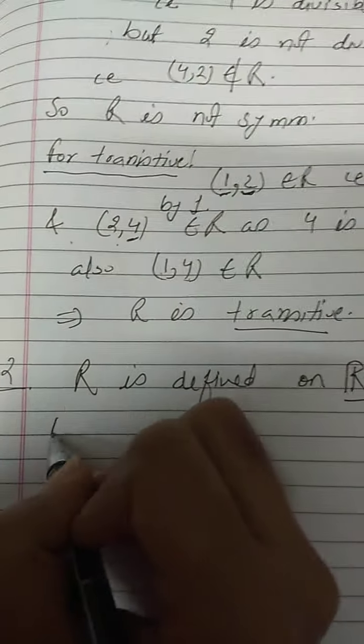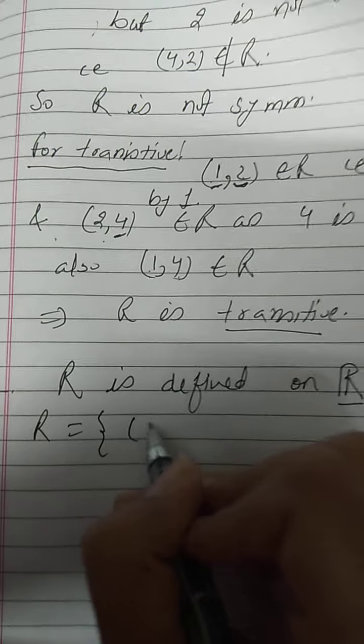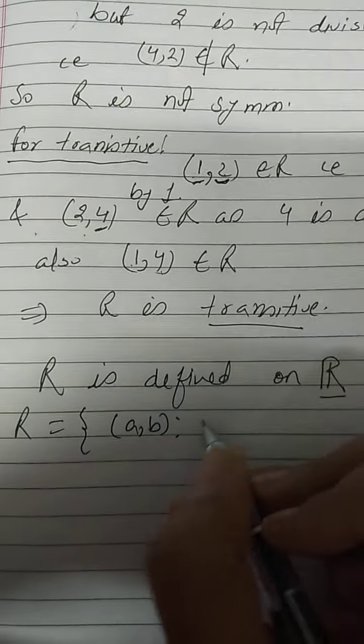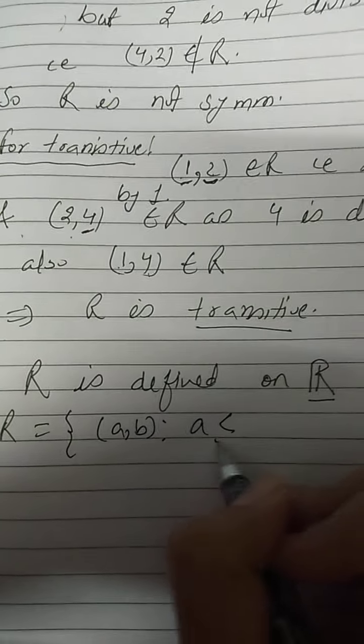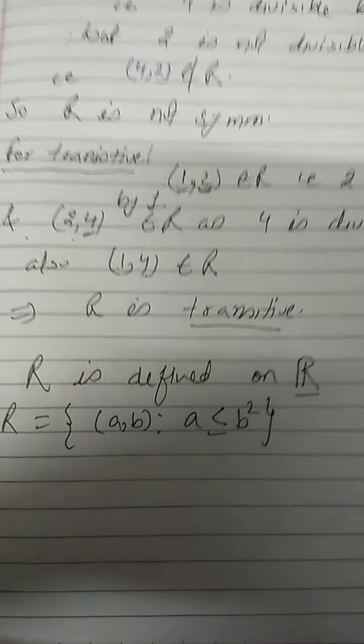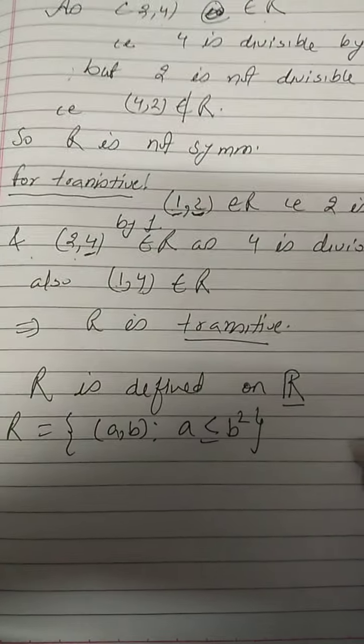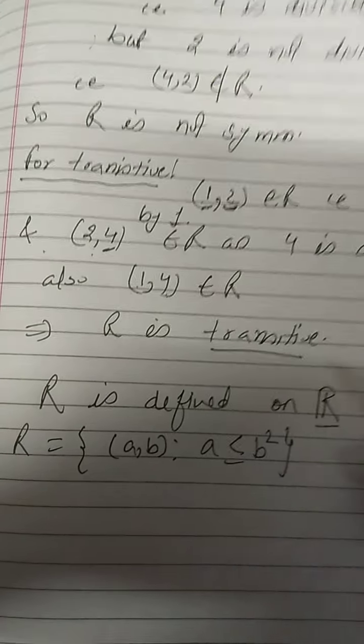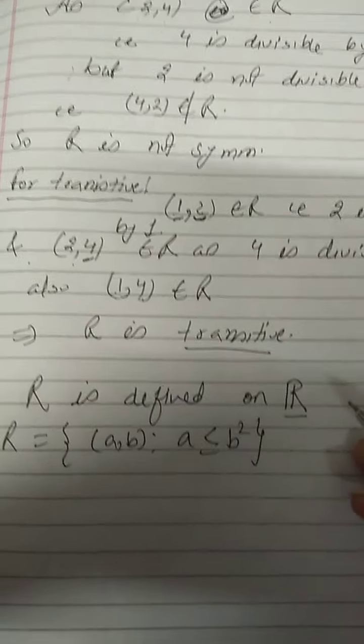It is defined as R equals all the ordered pairs (A, B) such that A is less than or equal to B square. So we have to prove it is neither reflexive nor symmetric nor transitive.